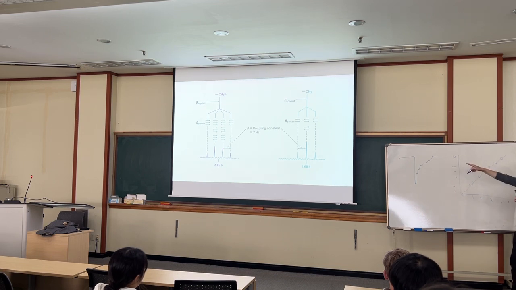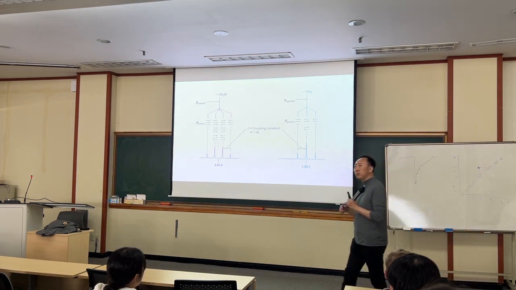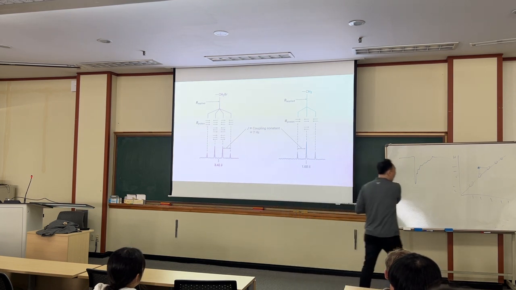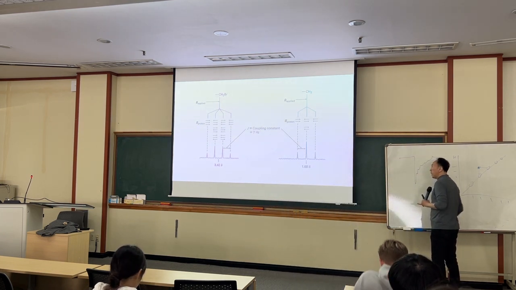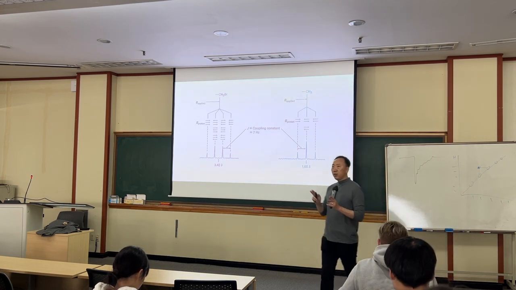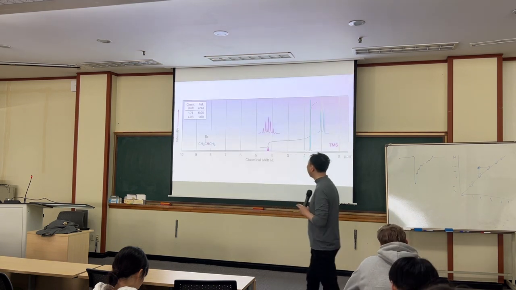By finding those coupling constants, okay, this one and this one look like the coupling constant is the same, that means these 2 are connected to each other. This kind of information you can obtain from 2D NMR. So the coupling constant can tell you which ones are coupling, and its size tells you exactly the partner of those couplings.